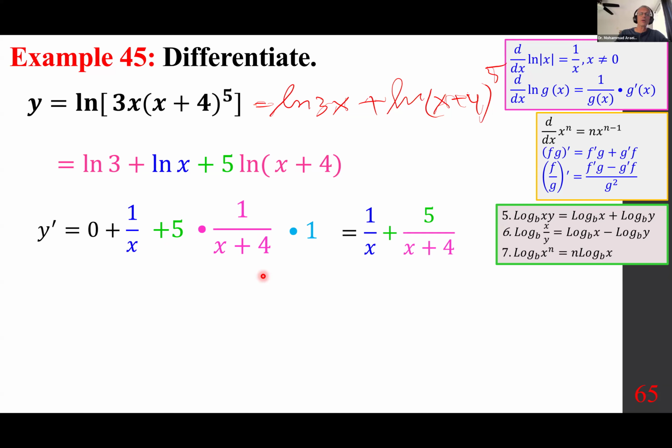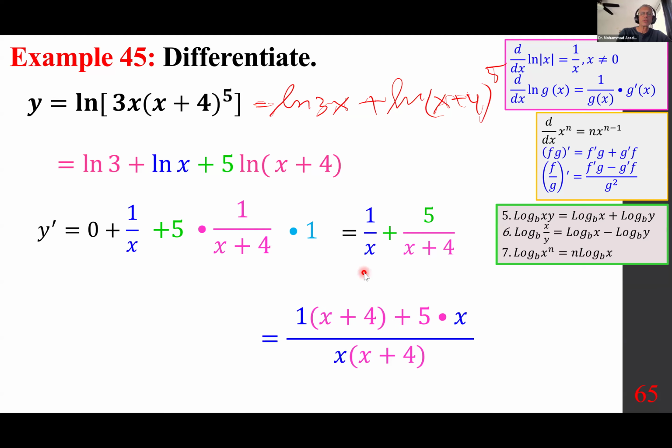And now, of course, the common denominator is x times (x plus 4). So this is 1 times (x plus 4). This is 5 times x. Basically, we get x plus 4 here.